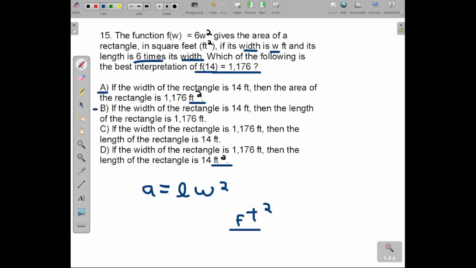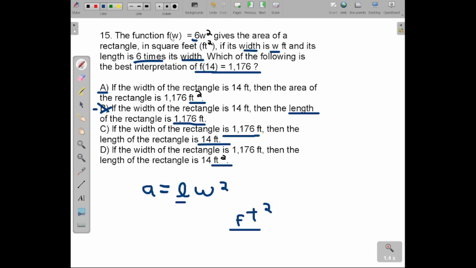Let's see for B. If the width of the rectangle is 14 feet, then the length of the rectangle is 1176. No, because the length is 6. C. If the width of the rectangle is 1,176 feet, then the length of the rectangle is 14 feet.